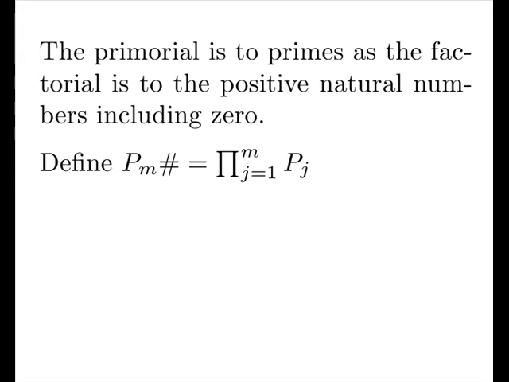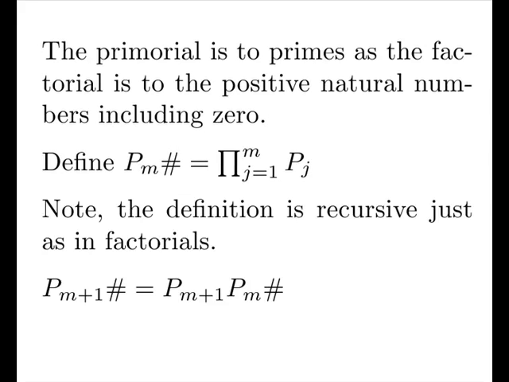Define p pound at m to be the product of all primes up to and including some mth prime. Note, the definition is recursive, just as in factorials. That is, the next primorial is the next prime times the current primorial.